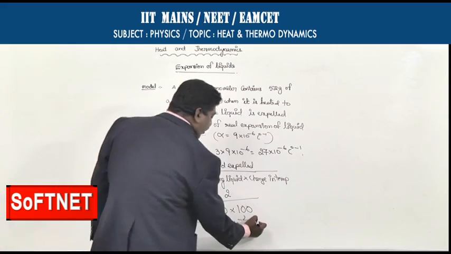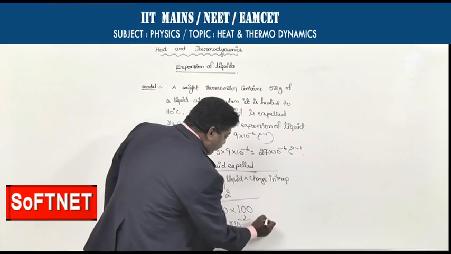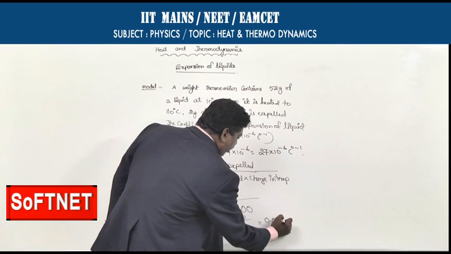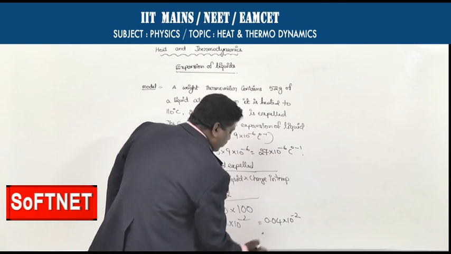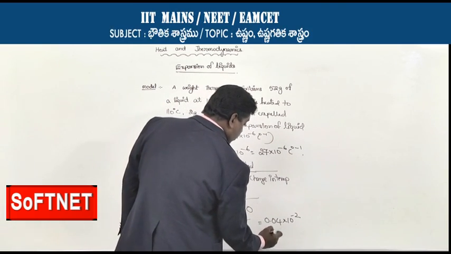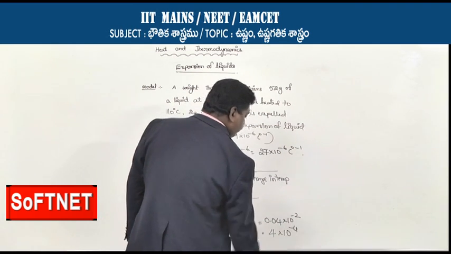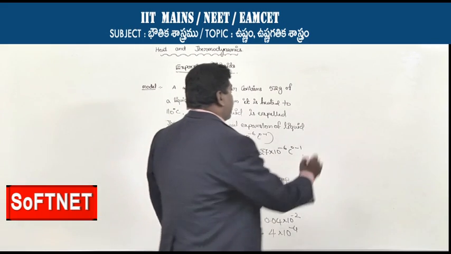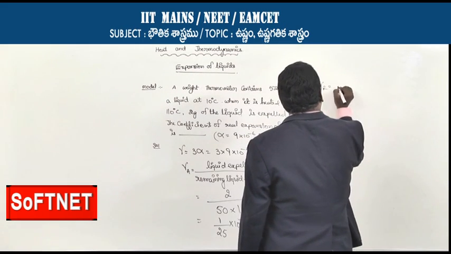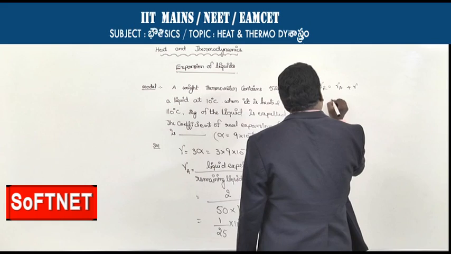And 1 by 25 is 0.04 into 10 to the power of minus 2, which can be given as 4 into 10 to the power of minus 4. And γ_R equals γ_A plus γ.